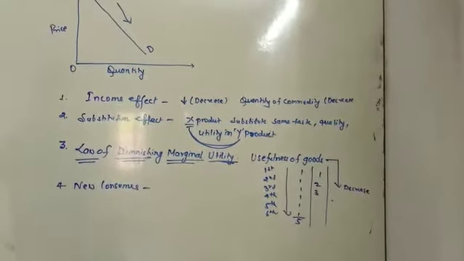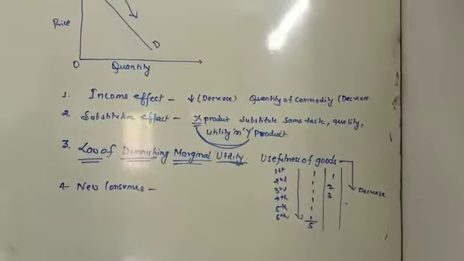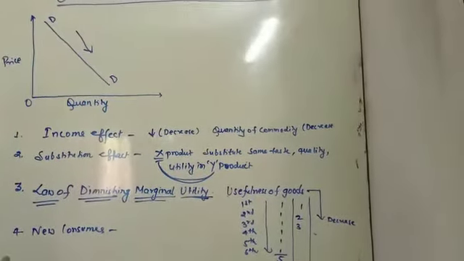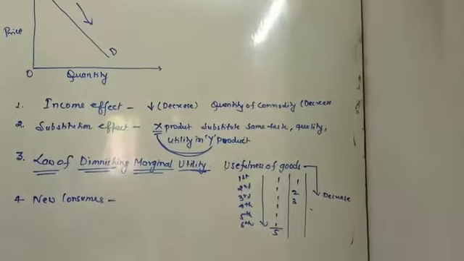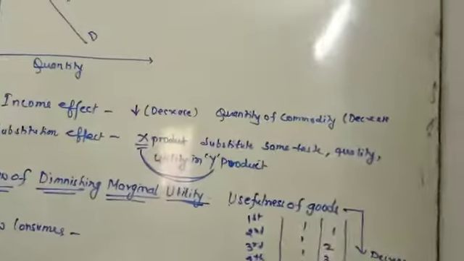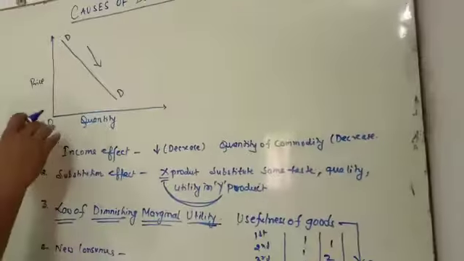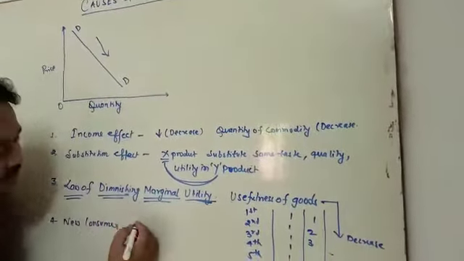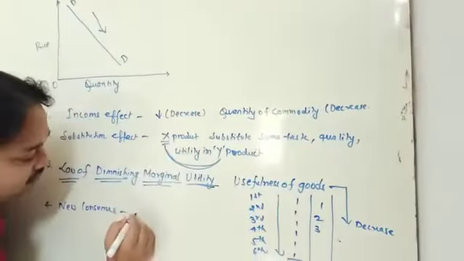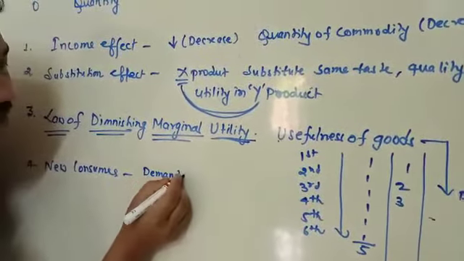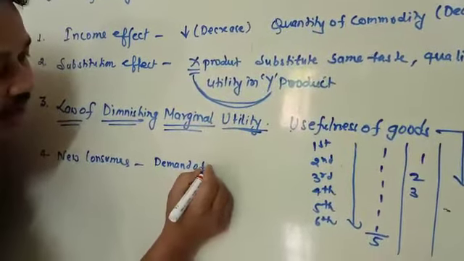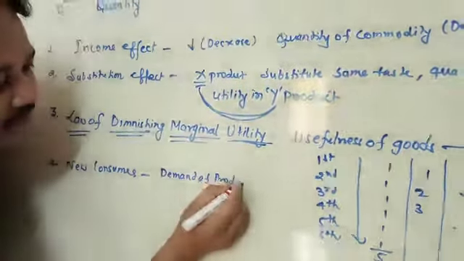It means the demand for the particular commodity is also going to increase. Suppose the number of customers increases in the same particular area, so new consumers will be added. If new consumers are added, the demand for the product increases.